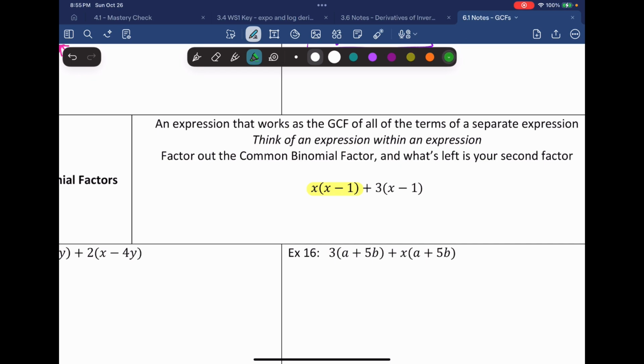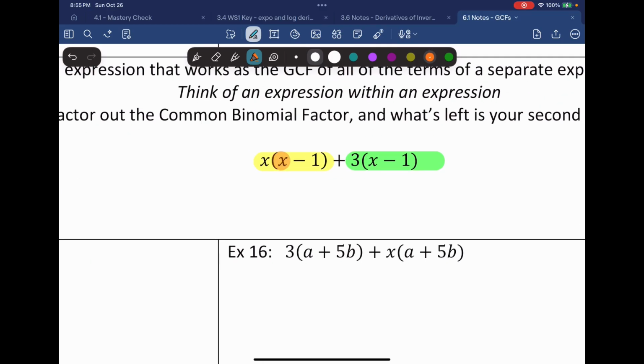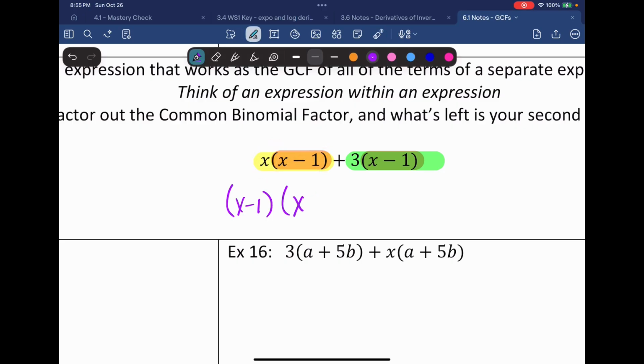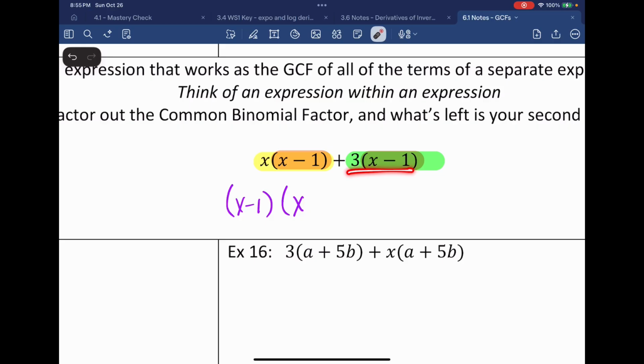And I also have the 3 and the x minus 1. But inside each of those, they have the x minus 1 in common. That is called your common binomial factor. Okay, so if I imagine dividing by that x minus 1, just like it did in the previous parts, x minus 1 cancels, and you have an x left. Doing the same thing over here, we're dividing it by an x minus 1. x minus 1 cancels, and you have a plus 3 left.